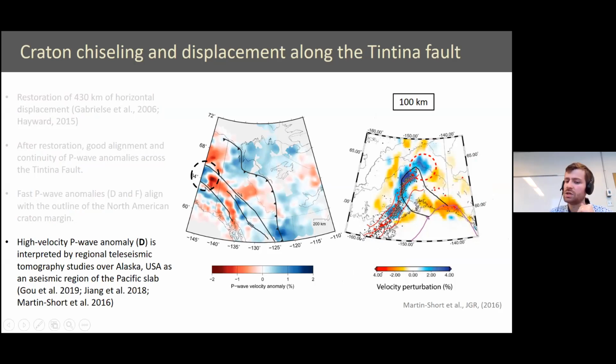Here you see a very high velocity anomaly that corresponds to the Aleutian subduction zone at 100 kilometers depth. Each black dot represents a seismic event related to the subduction zone, and you can see there are no dots in this red circle here. So they interpreted that as an aseismic region of the Pacific slab.